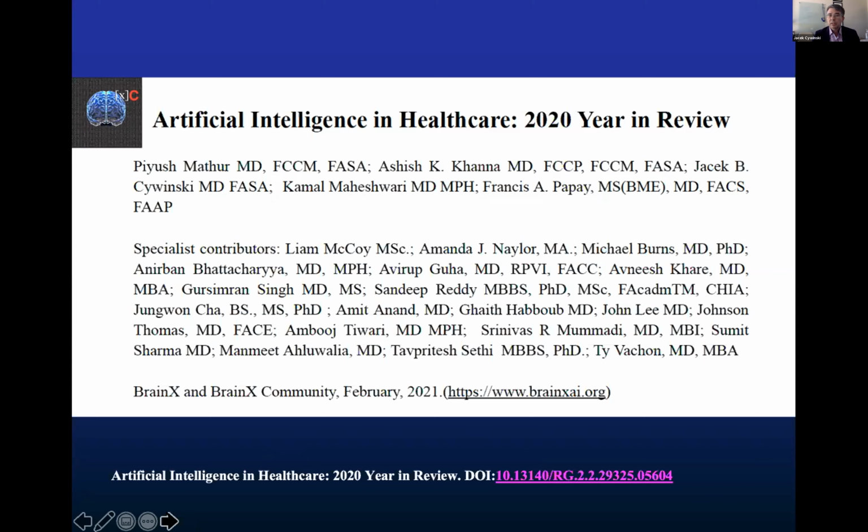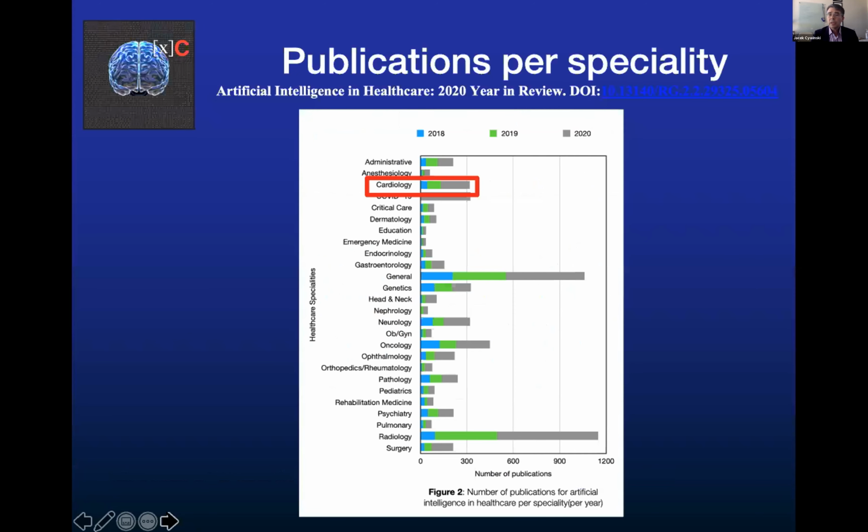We have specialty contributors who not only handpick those articles, but also give an overview of what was significant, what was the most important achievement in the respective subspecialty. So in cardiology, as you can see, last year was a pretty productive year in terms of the number of publications, and hence we have this session devoted to cardiology.